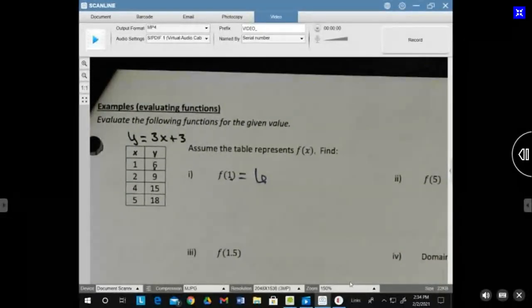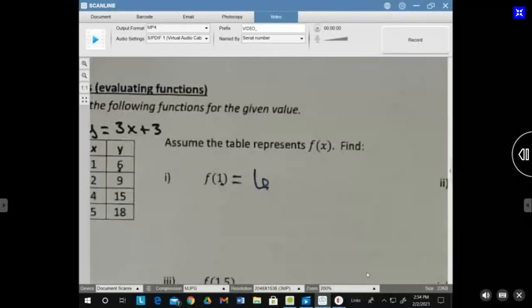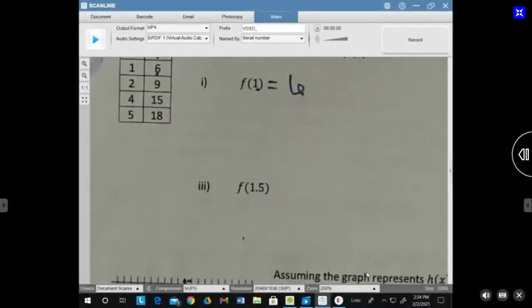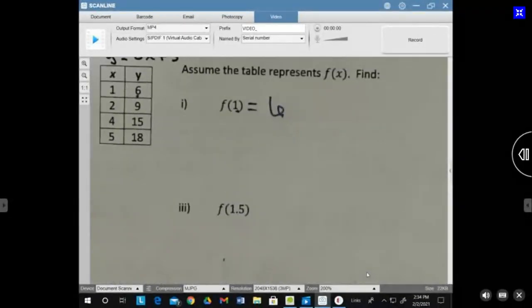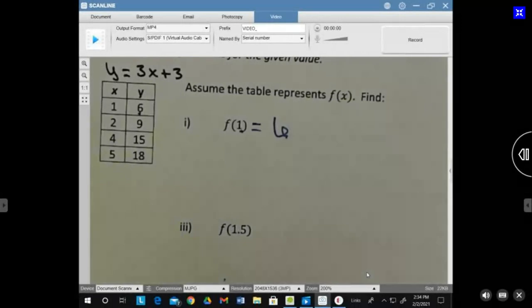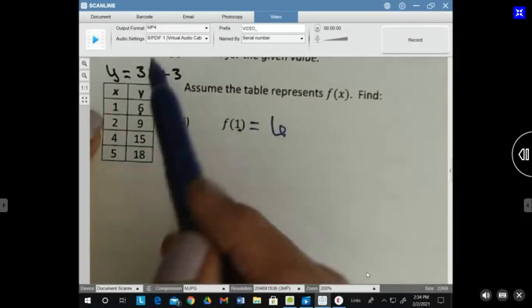Let's say I put that 1 into my function. What's 3 times 1?